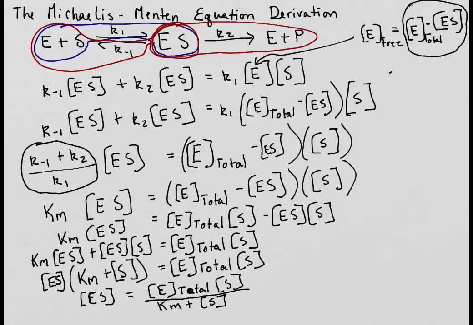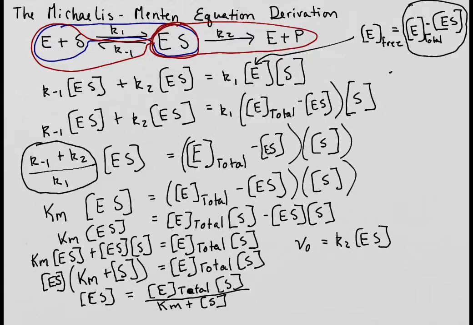Recognize that we had an equation that related initial velocity to the concentration of enzyme substrate, because we recall that the rate limiting step of the reaction is the formation of product and enzyme. So remember, then we could express initial velocity as being equal to K2 times the concentration of enzyme substrate.